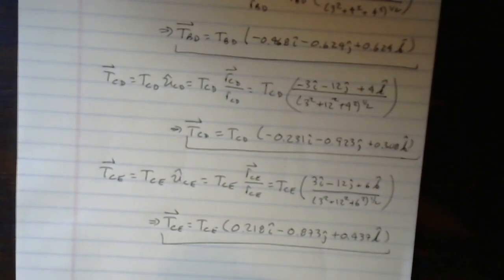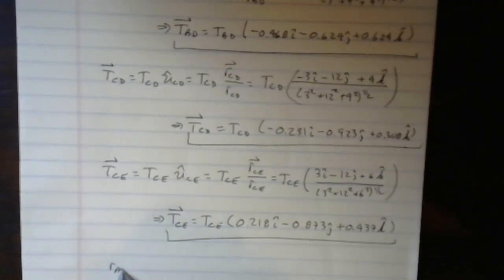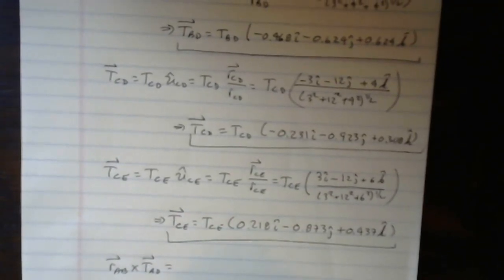So RAB cross TBD is equal to TBD. You can pull that out, right? That scalar quantity, the magnitude TBD, IJK, all right? RAB is 0 4 0.